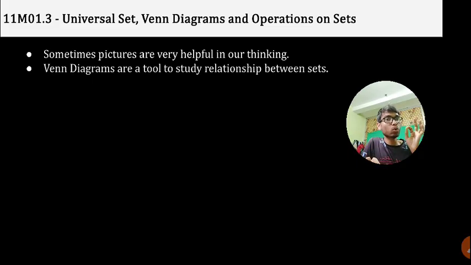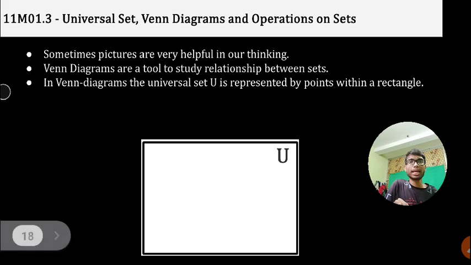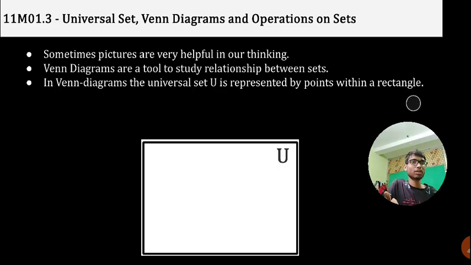So here we got a Venn diagram. In a Venn diagram, the universal set U is this complete whole. U is represented by points within a rectangle.